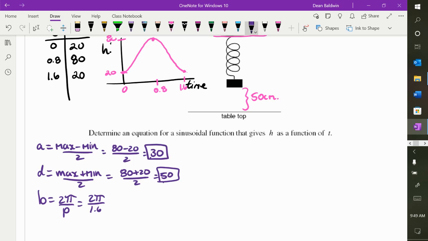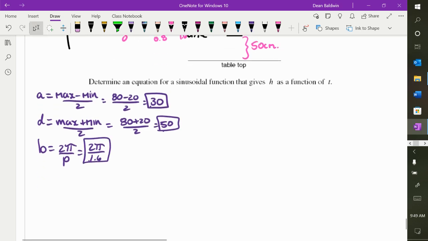Why did we do that? 0.8? Is that better? Pi over 0.8? We can do 10 pi over 8. Oh yeah, this question. Okay, 5 pi over 4. Does that make everybody feel better? Okay. How did I get 5 pi over 4?